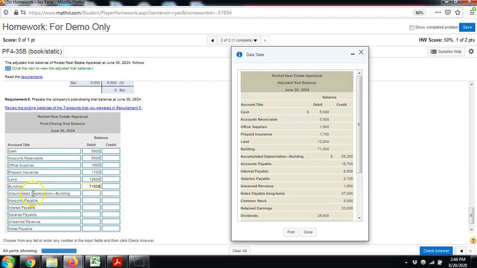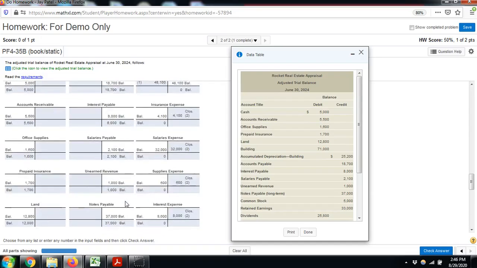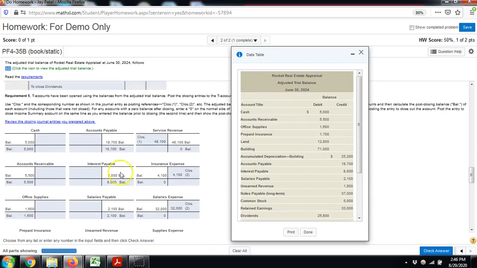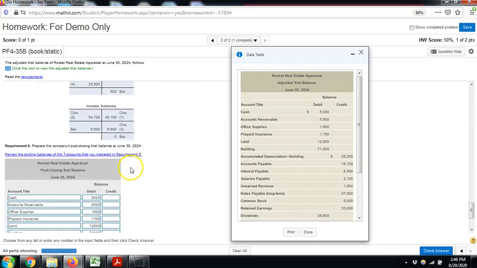And remember, accumulated depreciation, though an asset does have a credit balance. And then all these liabilities have credit balances. Let's just prove it. At least this first one, accounts payable, I'm saying is a credit balance of 18,700. So if we go up here, we do see indeed that we have accounts payable, credit balance 18,700.